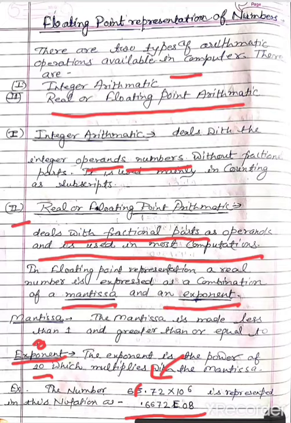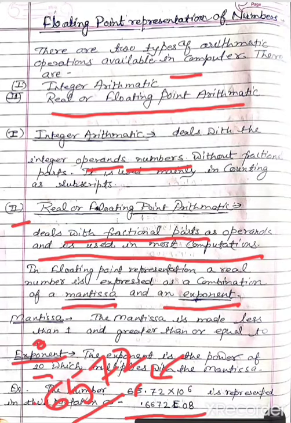So we have to take the given decimal number 66.72 and shift the decimal point towards the left up to two places. So this becomes 0.6672.